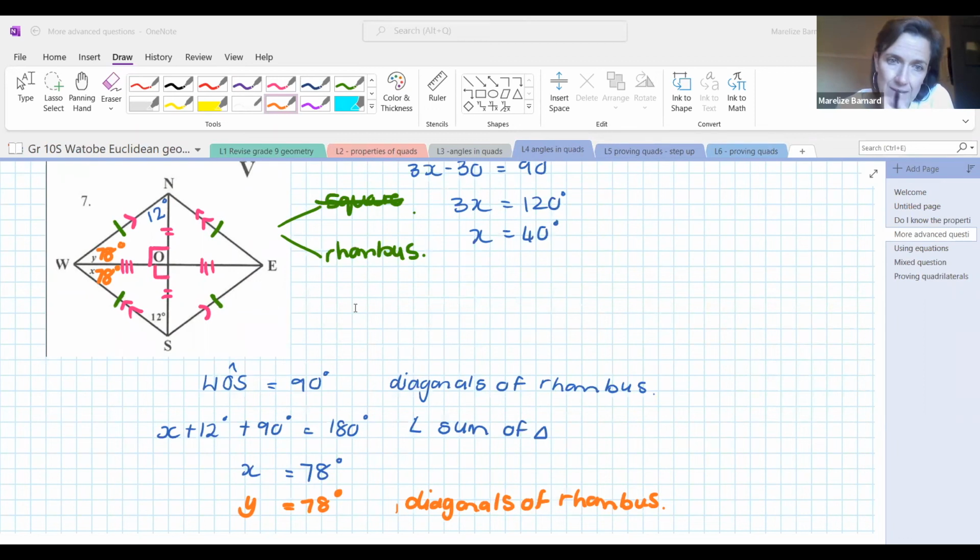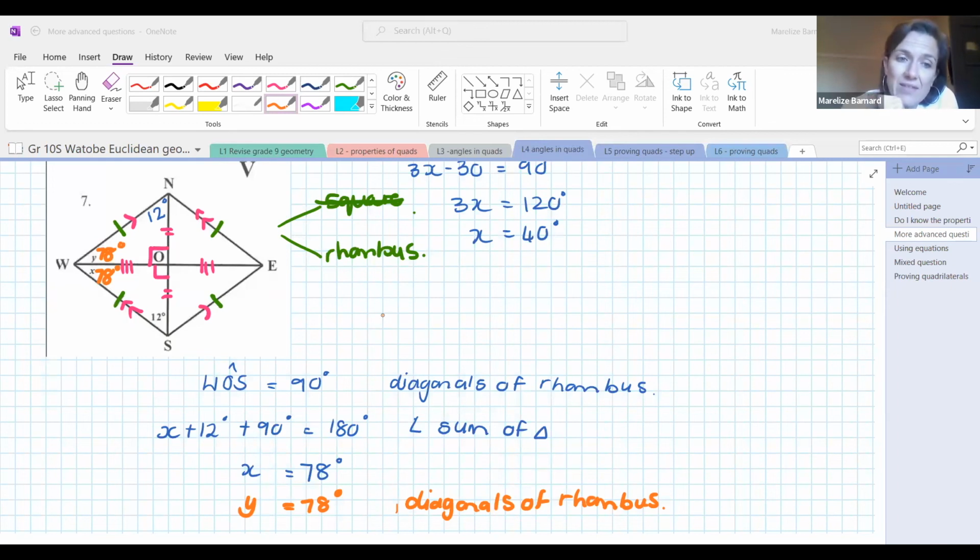Not really. Oh yeah, I do, because of the diagonals of a rhombus. No, the diagonals of a rhombus bisect at 90 degrees, meaning where these diagonals meet, they form a 90-degree angle. Yes. So that's why WOS is 90.